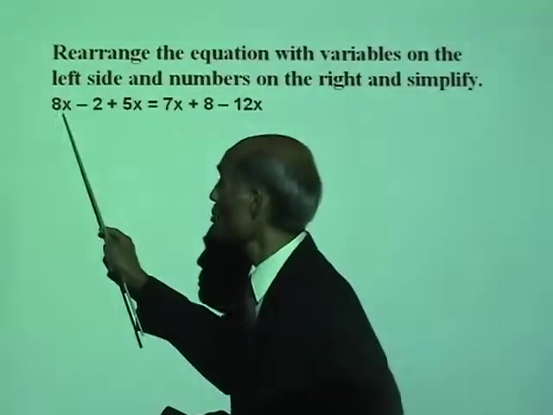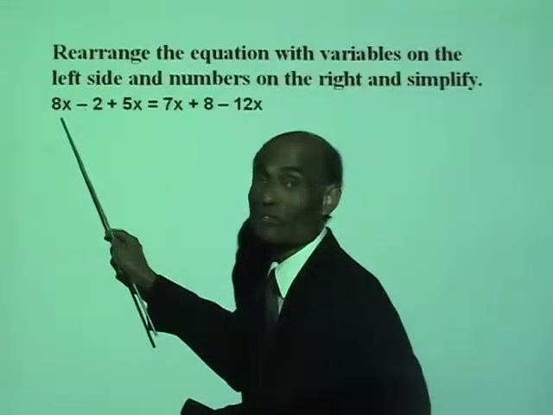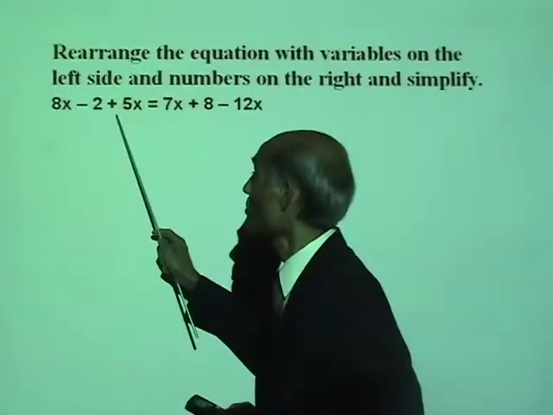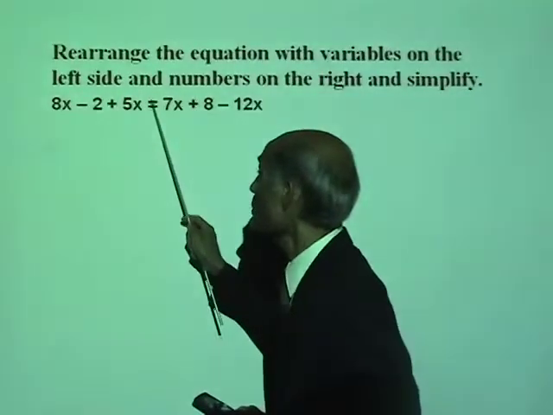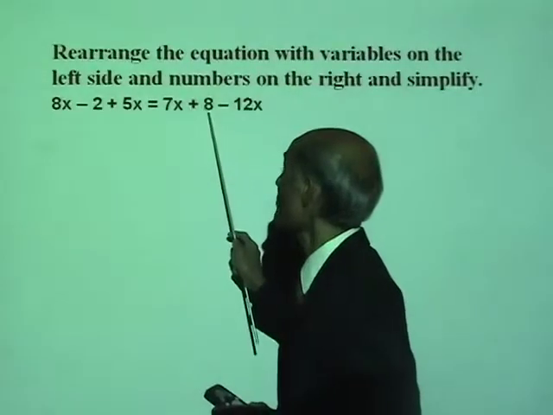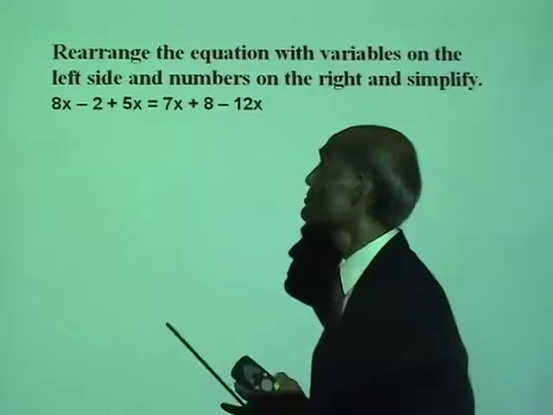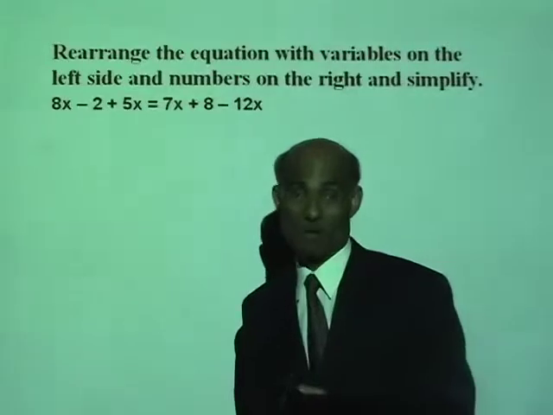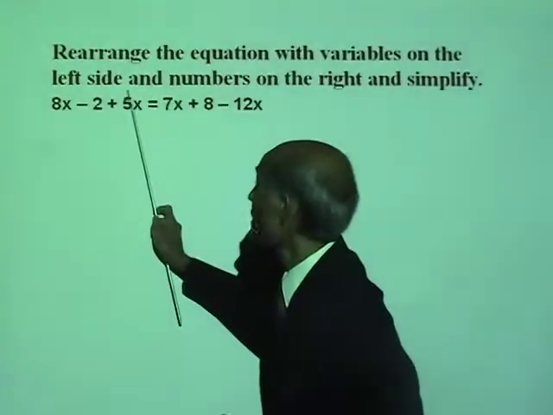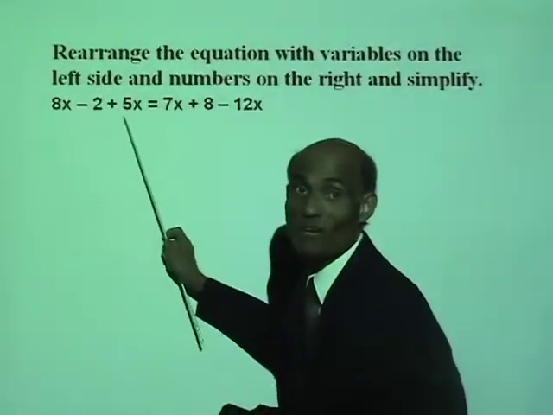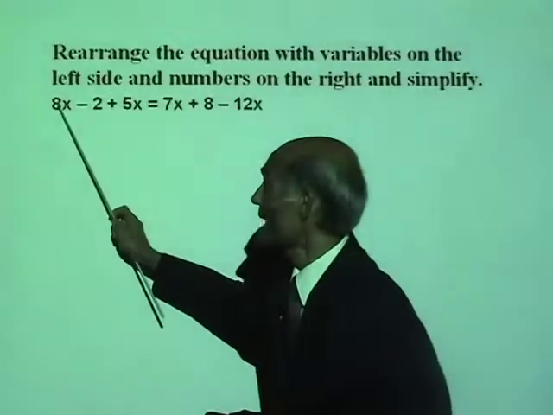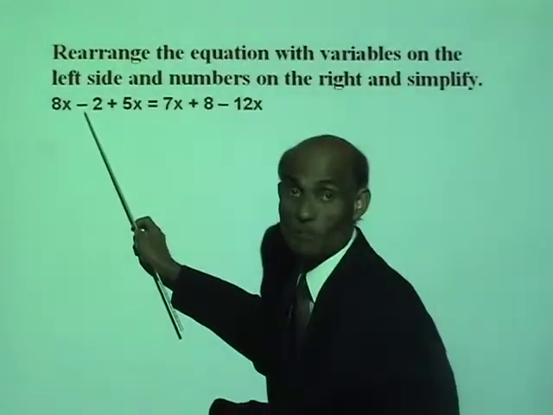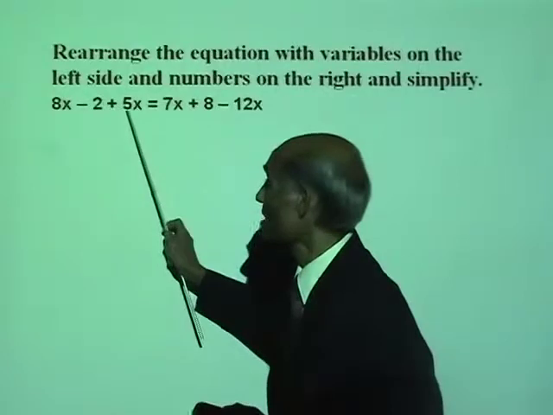Now this is the original equation. 8x minus 2 plus 5x equal to 7x plus 8 minus 12x. Alright, look at the left hand side. How many terms are there on the left hand side? 8x, that is positive, minus 2 plus 5x.